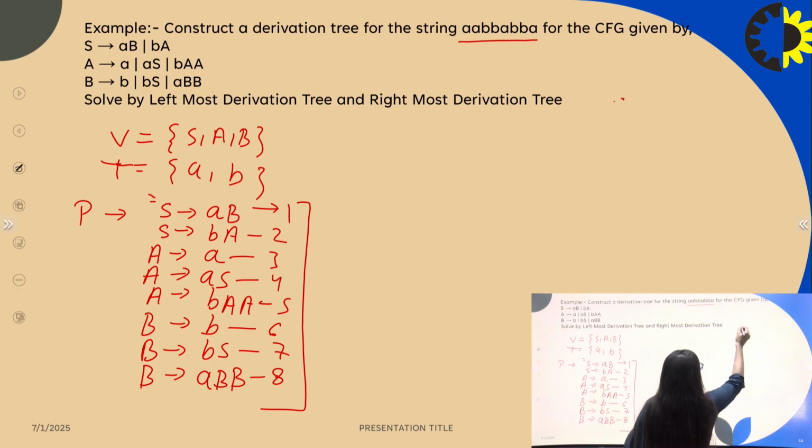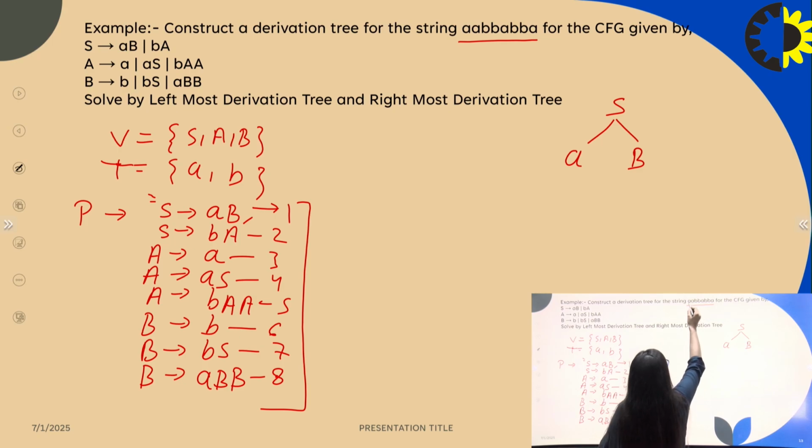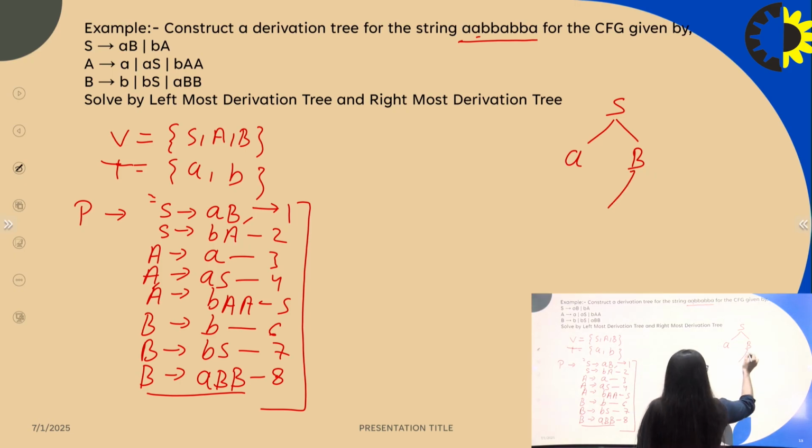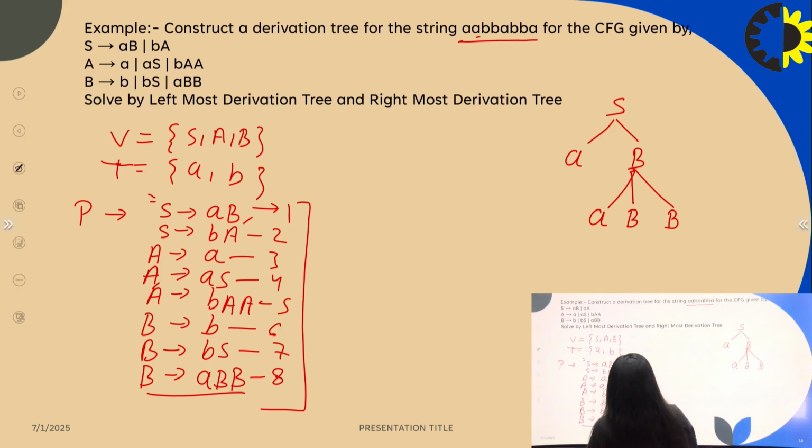So start from the start production, S produce small a, capital B. Small a, capital B. We find the A. Now we want small a, then B produce BB, small a, capital B, capital B from leftmost derivation.